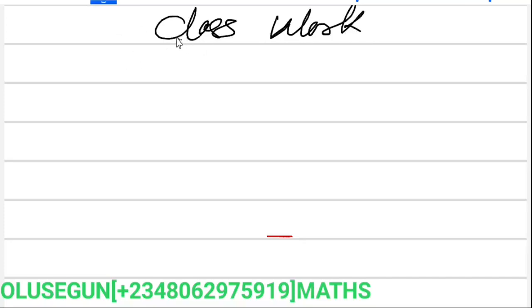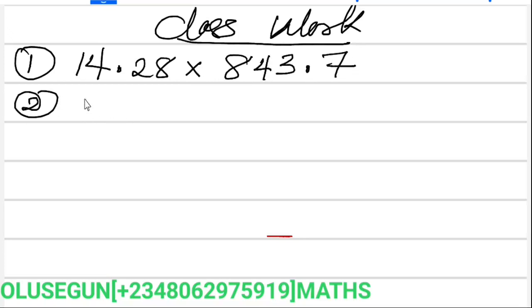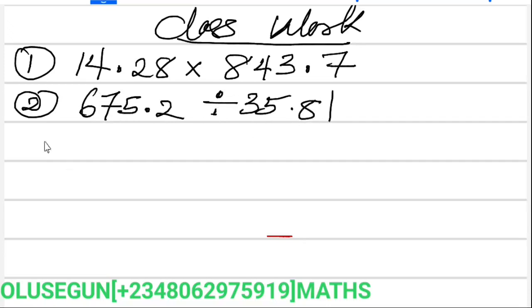In the classwork now, number 1, I want you to help me to solve this: 14.28 times 843.7. Number 2, 67.52 divided by 35.81.